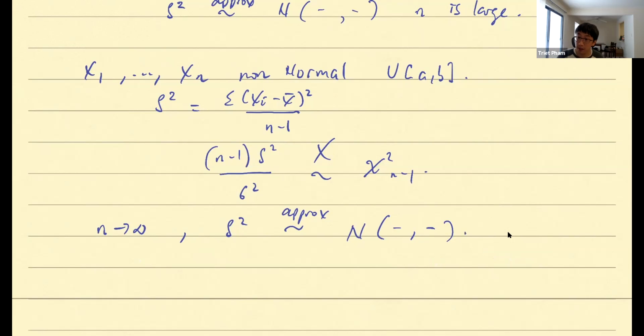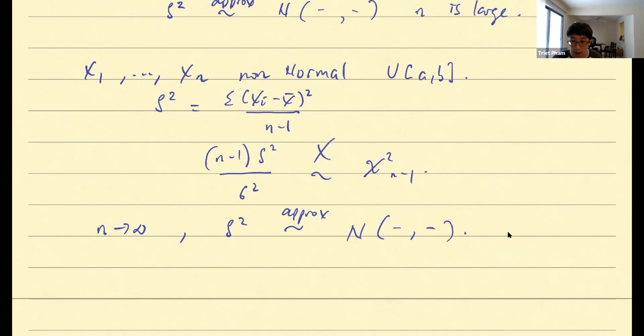So the message is this: for a non-normal population, unfortunately, you cannot say anything about the exact sampling distribution of the variance. You can say something asymptotically, meaning when n is large, it's approximately normal. But again, these are more like FYI, for your information.